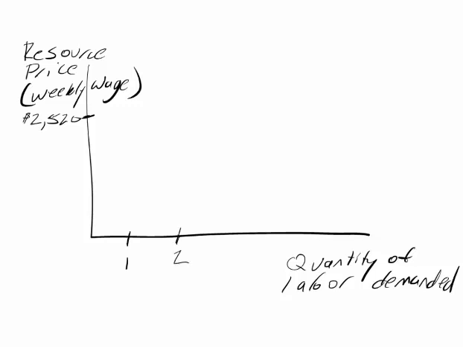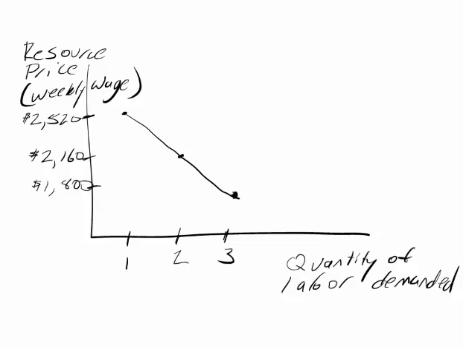When we use 2 units of labor per week, the marginal revenue product is equal to 2,160, and at a quantity of 3, it is equal to 1,800. So we plot these points. We have 1 and 2,520, 2 and 2,160, and then 3 and 1,800. We connect those points, and that's going to be the firm's demand curve.